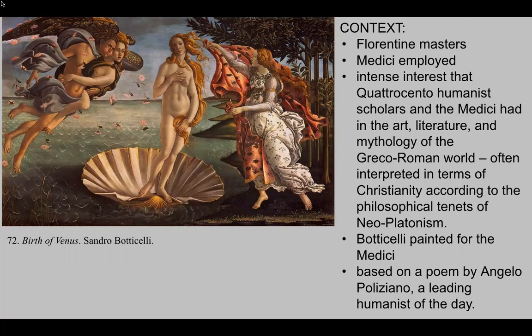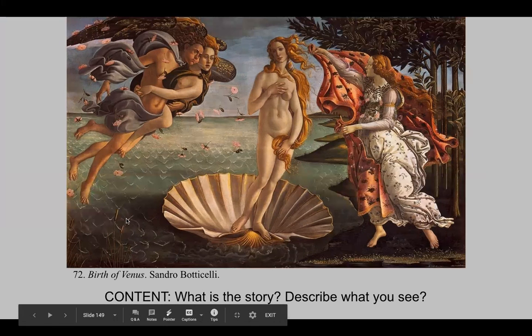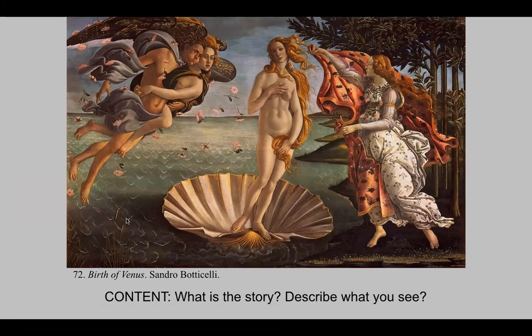This one is based on a poem by a humanist of the day. Of course, Venus is classical, but this one comes from a poem by Angelo Poliziano of the day. So what is the story that's taking place? Let's just describe what we see. Does Venus come in as a baby? No, she comes in as a full-grown woman.